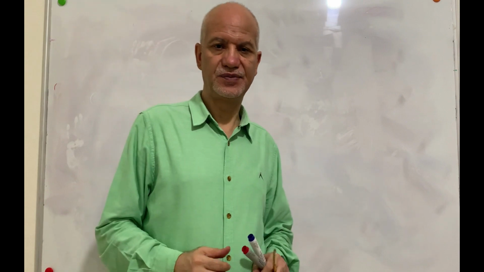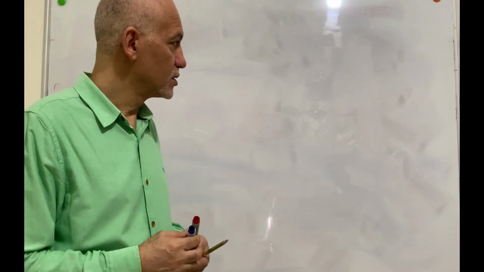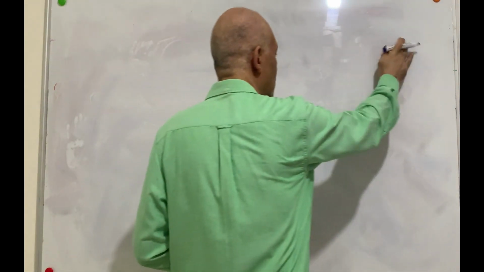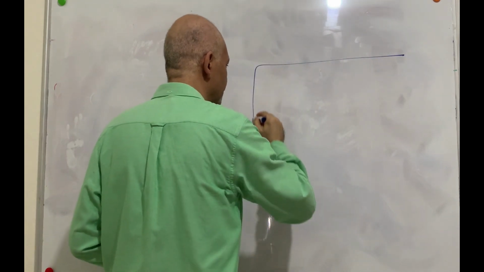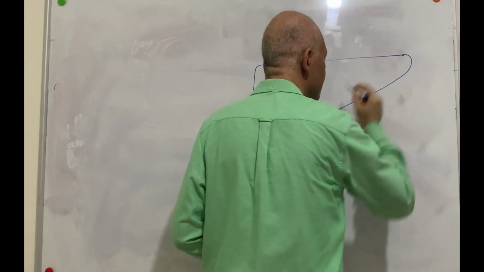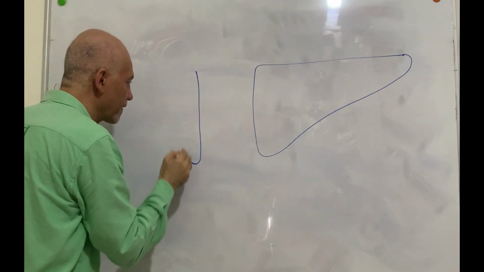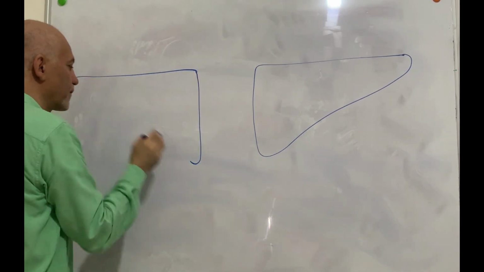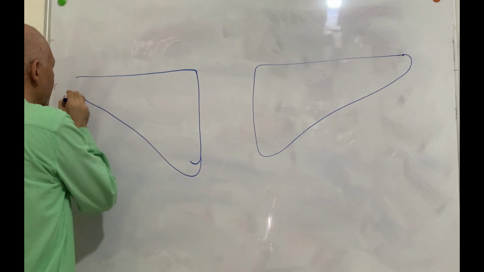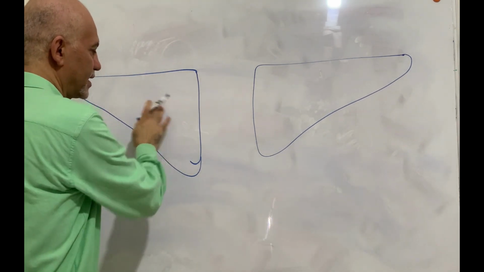Lobes of the liver. This diagram shows the liver from the anterior surface, the front, and this diagram from the back.